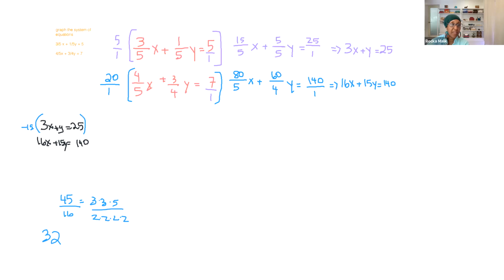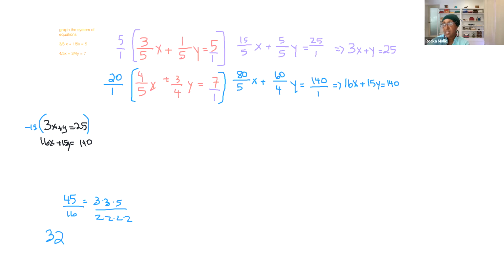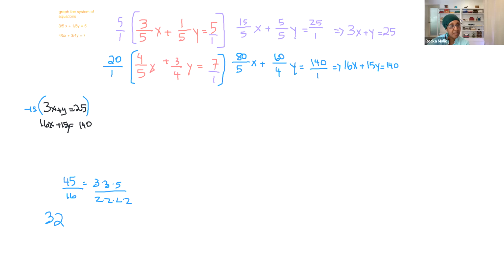Negative 15 times 3 is minus 45X. Negative 15 times Y is minus 15Y.